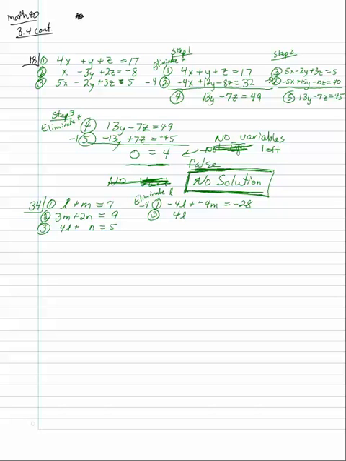Equation 3 we'll leave alone. Now be careful, those don't line up. Equation 4, they're not like terms. So the L's cancel and you get -4m plus n equals -23.